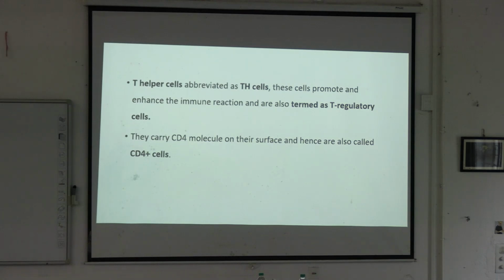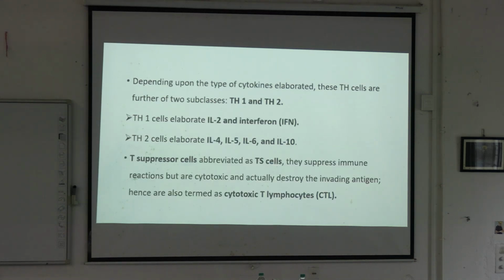T helper cells, abbreviated as TH cells, promote and enhance the immune reactions and are also termed T regulatory cells. Th1 cells elaborate interleukin 2 and interferon, Th2 cells elaborate interleukin 4, 5, 6 and 10.